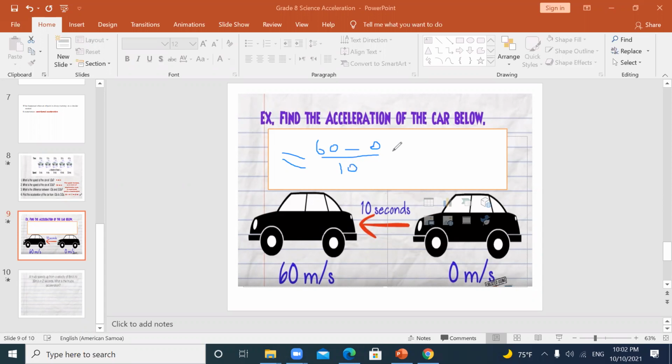So the acceleration is 6 meters per second square.